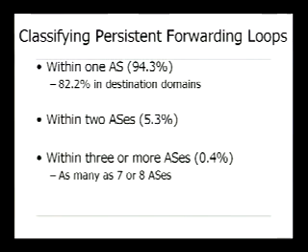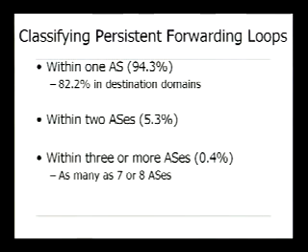As I mentioned earlier, only 82% of forwarding loops are within the destination domain. So that means some loops happen in the middle of the network on the forwarding path, which might be in the core of the network, or in a network that is passed before reaching the destination.